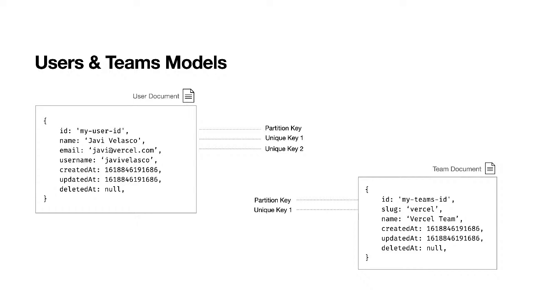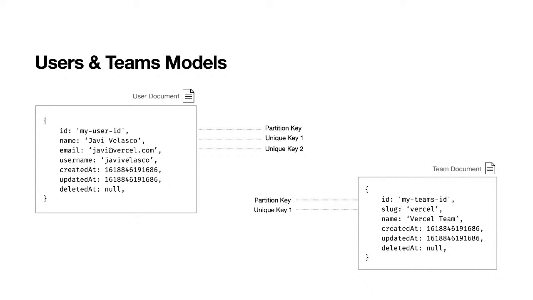Now, what is interesting about this use case is that we want the username and the team slug to be in a shared namespace. We want them to be unique, even if they are documents stored in different collections. Besides that, we need to have optimal access to users and teams using their unique values.